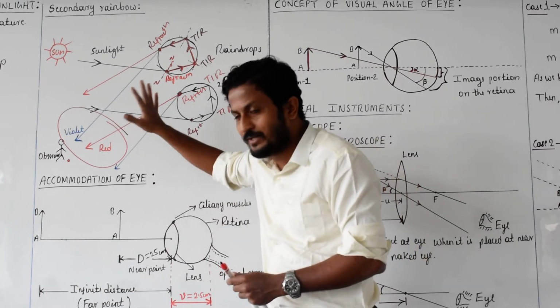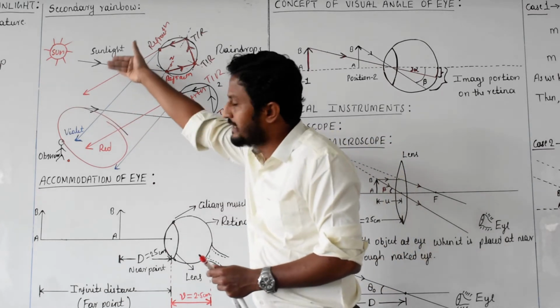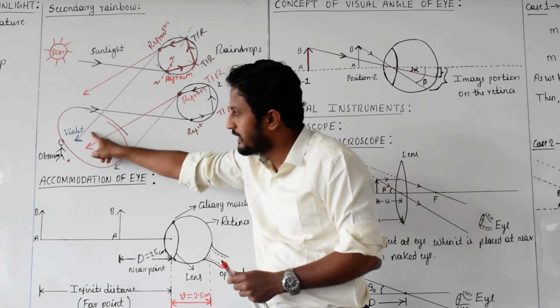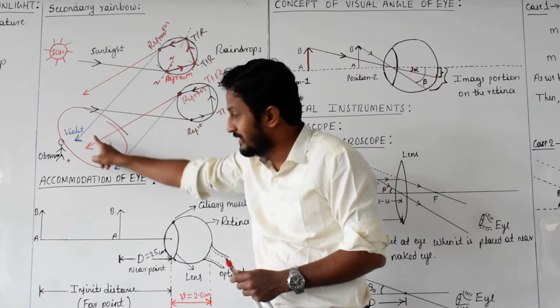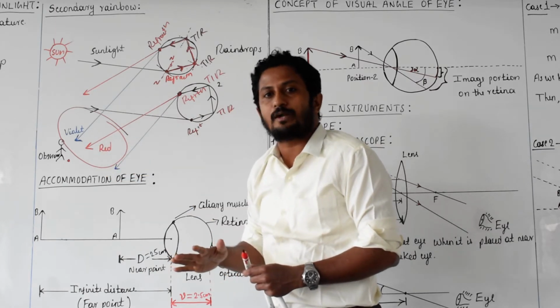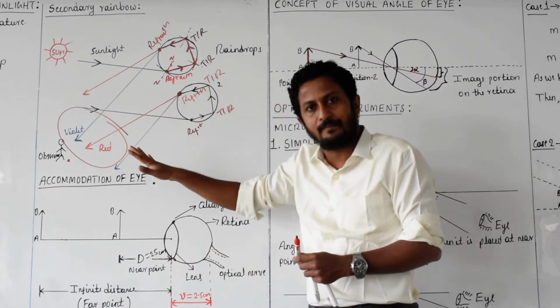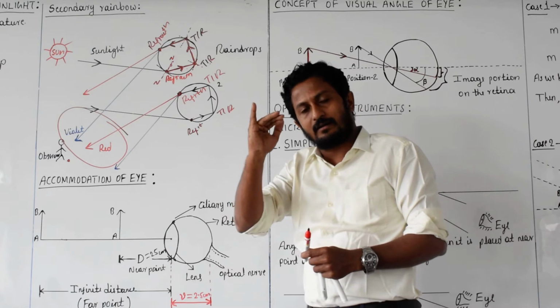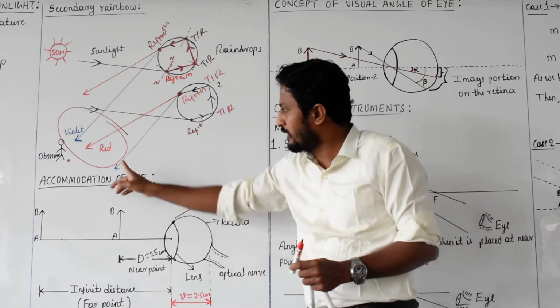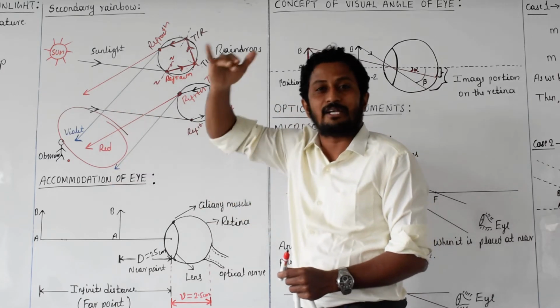In that spectrum, which color is at the top? Violet is at the top and red is at the bottom.